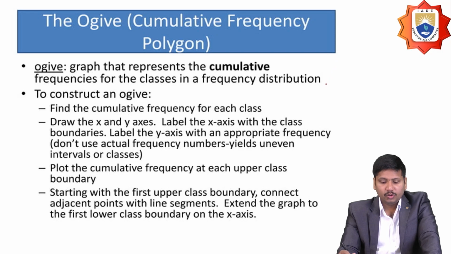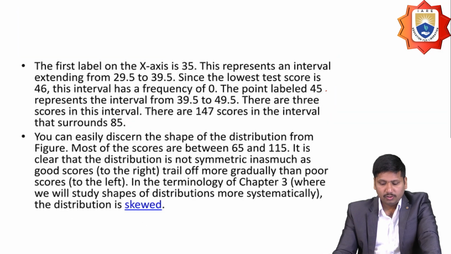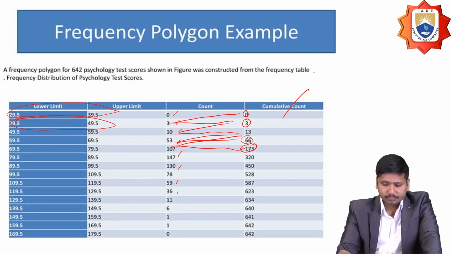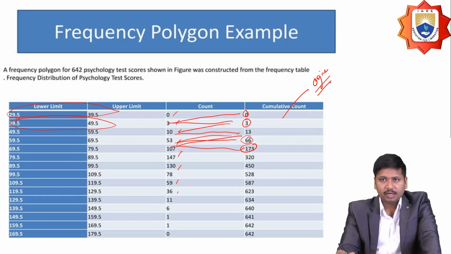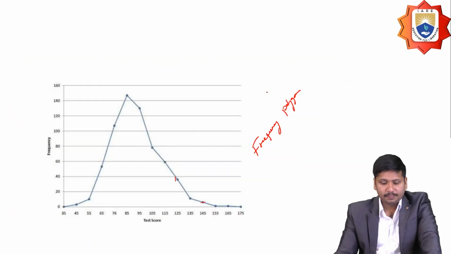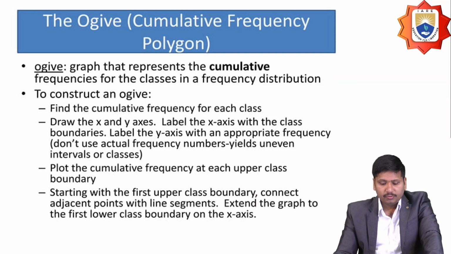So this one is going to be constructed by following some steps. First, find the cumulative frequency of each class. Previously I told you how to construct the cumulative frequencies, right? If I construct this, I get a graph that I can call the ogive. The ogive is constructed based only on the cumulative counts.